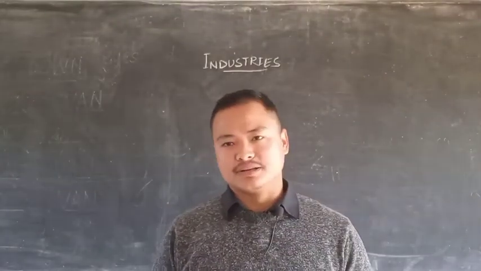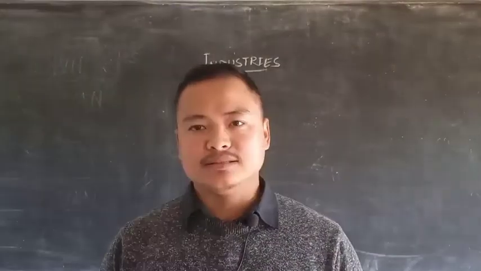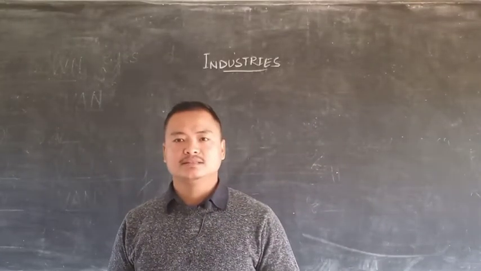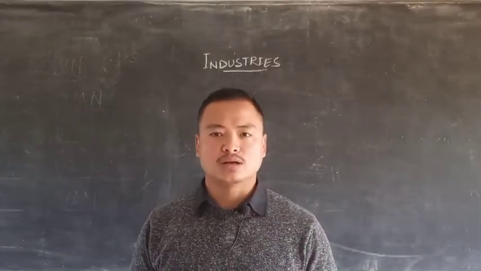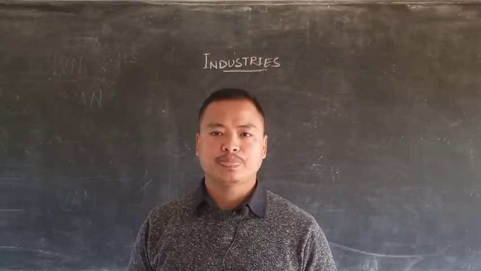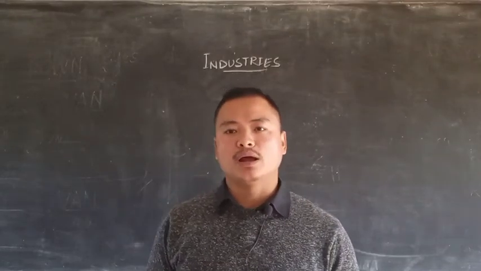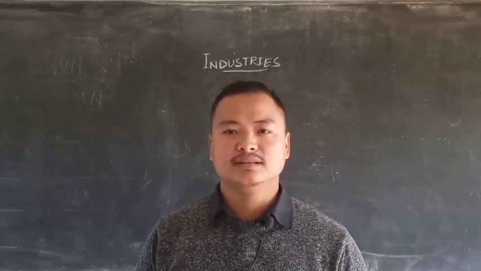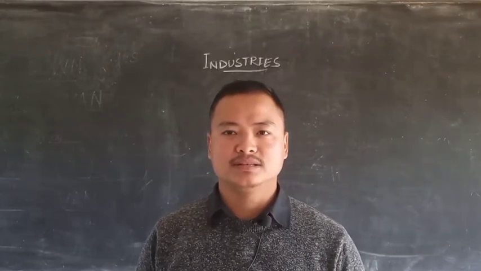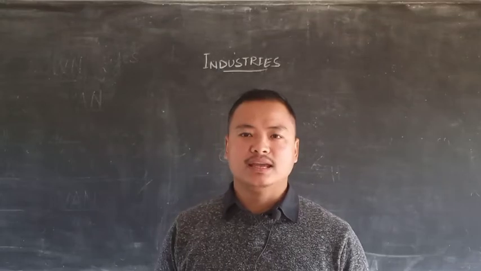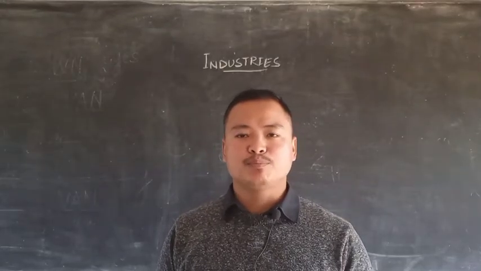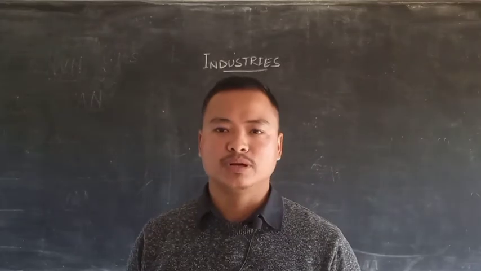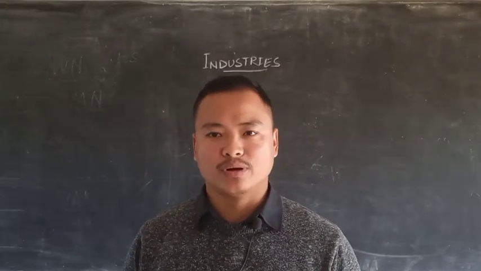When we say industry, it means an economic activity that is associated with the production of goods. But before the production of goods, what is most importantly required is the raw materials. So we also see an industry as the processing of these raw materials to produce the final product.